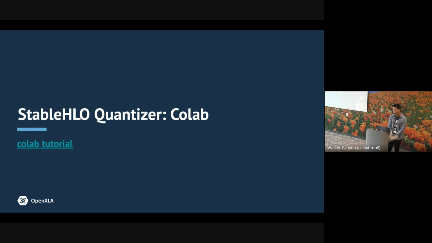Yeah, so for now, I think we support static range per tensor and per channel quantization, and we plan to support more algorithms. Is there anything you are particularly looking for?